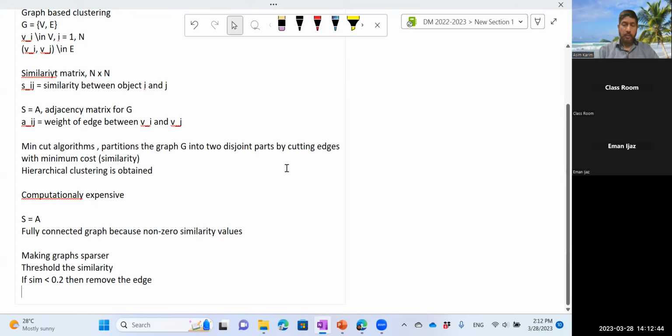So by selecting an appropriate value for this threshold, you can make your graph sparser, and as such, you will be removing some edges.